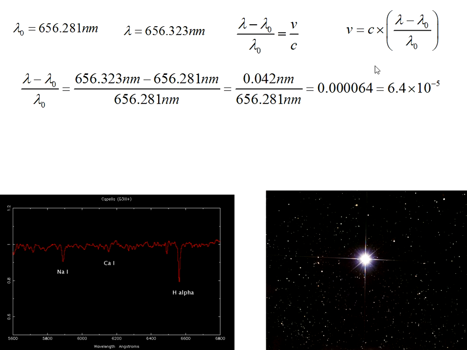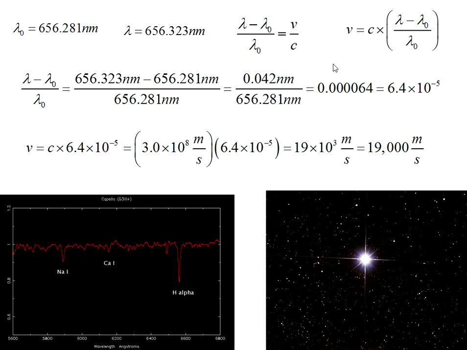And then the final step is to multiply this number, because that's what all of this in the parentheses is, times the speed of light. So we take the speed of light, 3 times 10 to the 8th meters per second, and multiply it times that number. To do this multiplication, you take 3.0 times 6.4, that's 19.